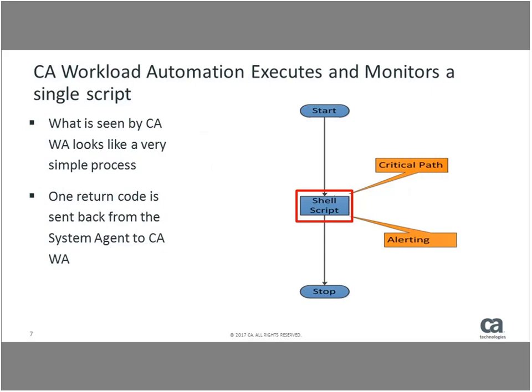You may or may not decide that job is a critical job, so it needs to be on the critical path, and you want to monitor all the predecessor conditions going into that one shell script. And, by the way, you're only getting one return code back from that one shell script. So from an alerting standpoint, you're limited to what is being returned.